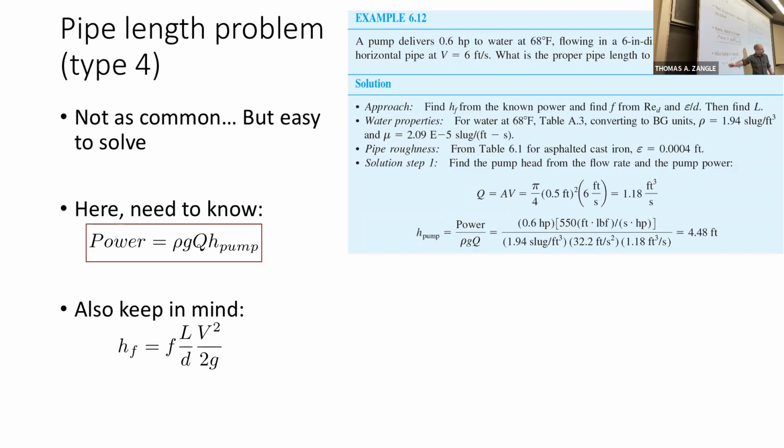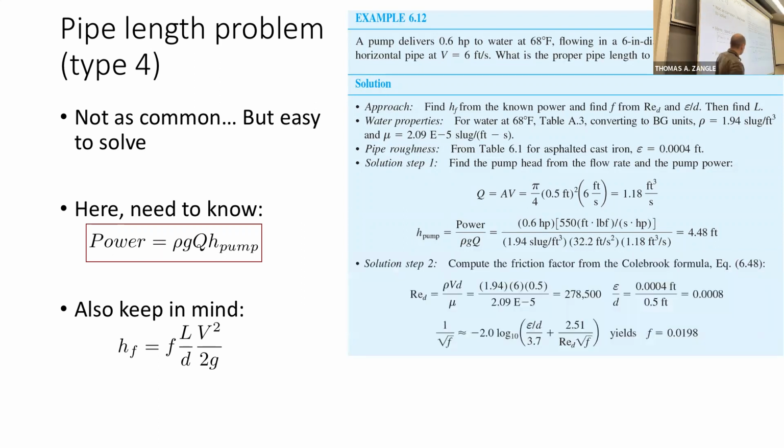We have to find f, but we have enough information again to find it. We have Reynolds number, we have epsilon over D. So we find our Reynolds number, we find our epsilon over D. In this case, your text shows using the Haaland approximation instead of the Moody chart, but you can use the Moody chart. You could use the form of friction factor.